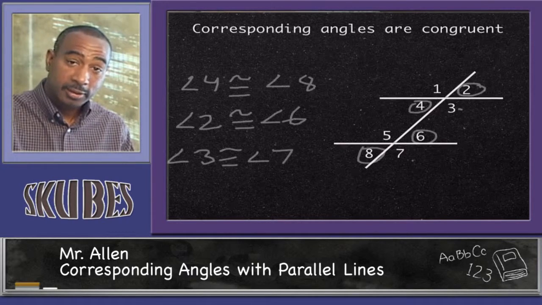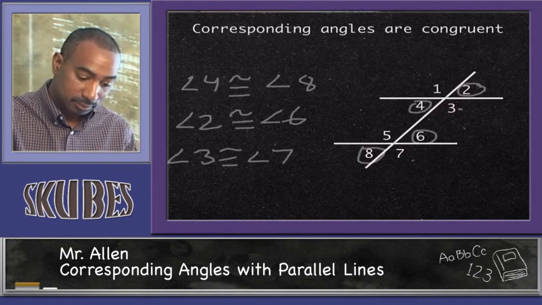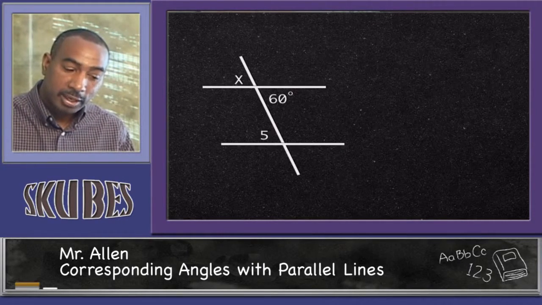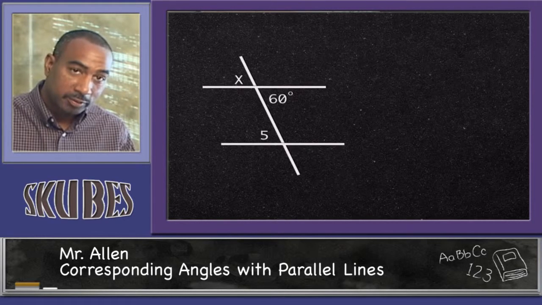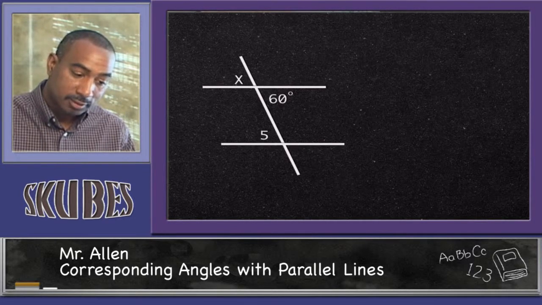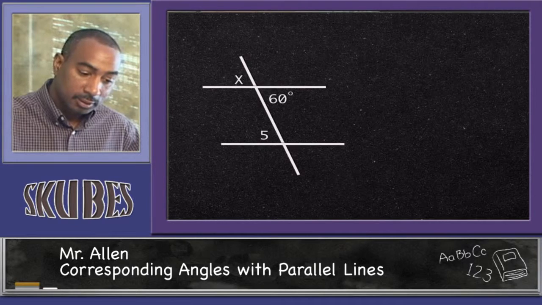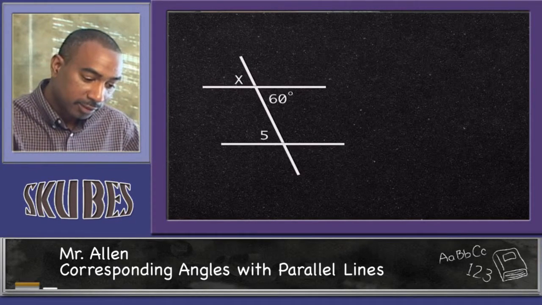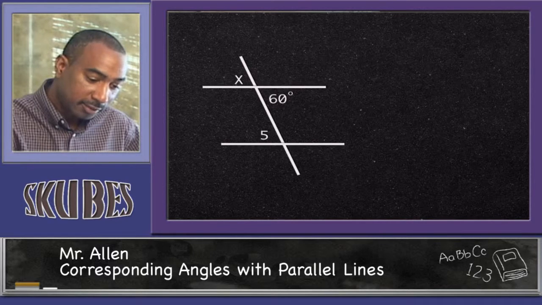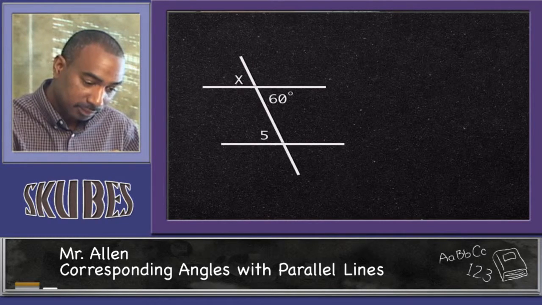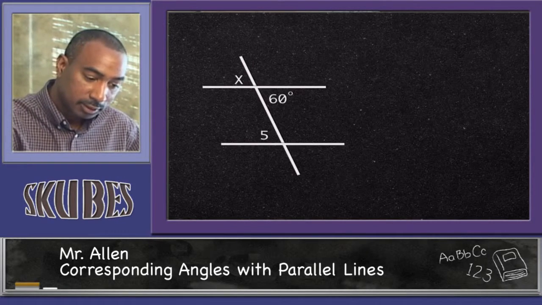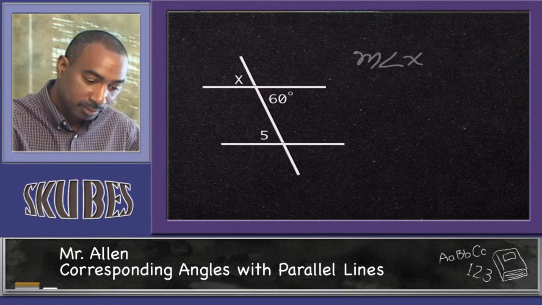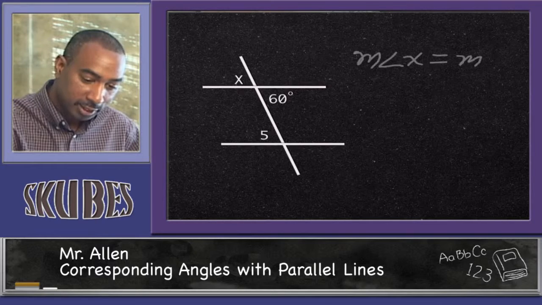Alright, let's see how to apply this to problems. What if I want to find the measurement of angle x? Well, first of all, I know that angle 5 and x correspond to each other. So the measurement of angle x must equal the measurement of angle 5.